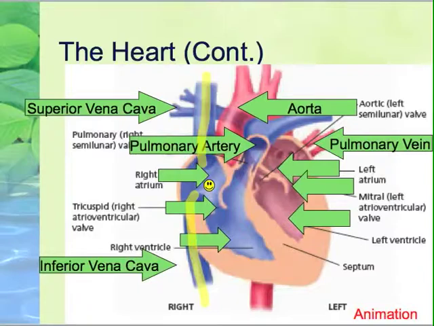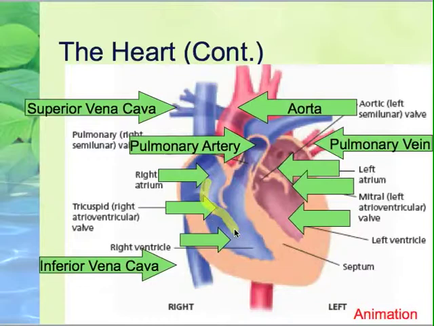Now, when we have the right atrium and it's going to be receiving used blood, that blood needs to head off to the lungs to pick up some oxygen. So the blood from the right atrium is going to go from the atrium through the tricuspid valve, or the right atrioventricular valve, into the right ventricle, okay?